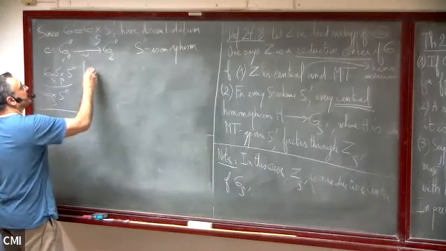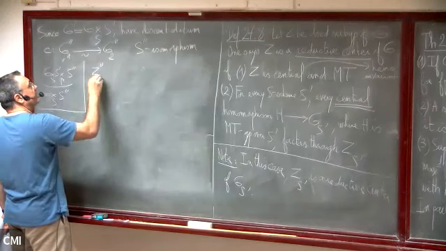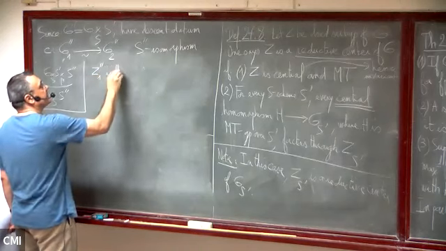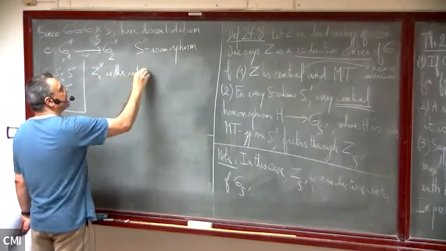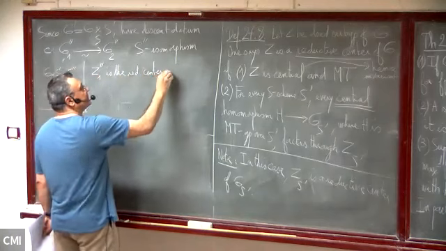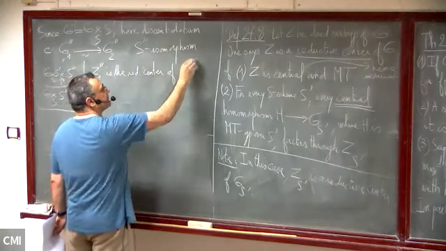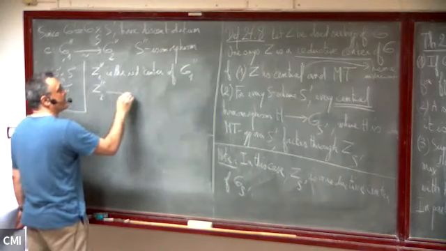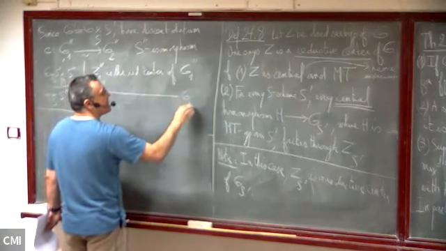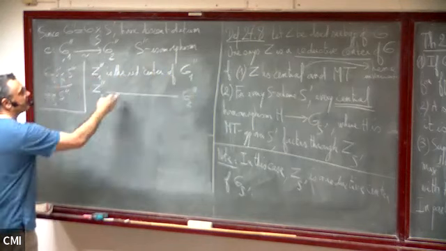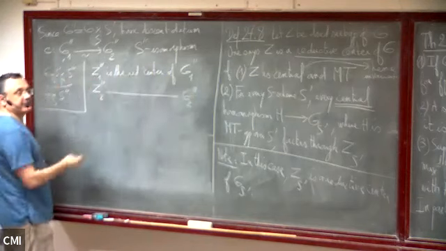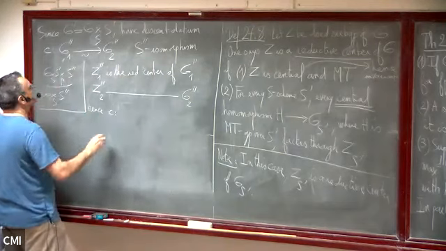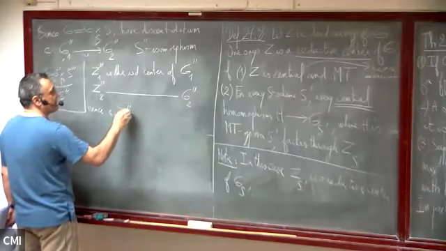And now this one is a reductive center of the first group, and so by uniqueness of the reductive center, hence the isomorphism induces an isomorphism.